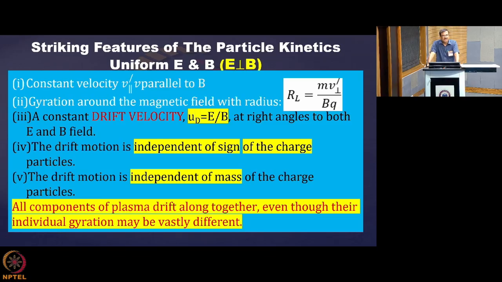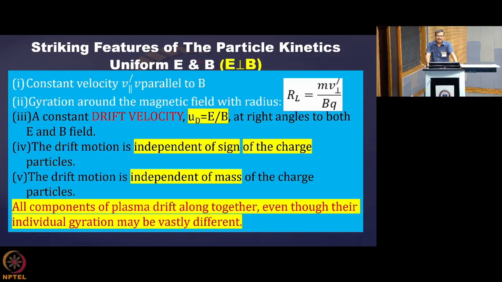See, the drift motion is E cross B by B square, so it does not have the mass in it. So what you can conclude at this point is that all components of the plasma drift along together even though their individual gyration may be vastly different.